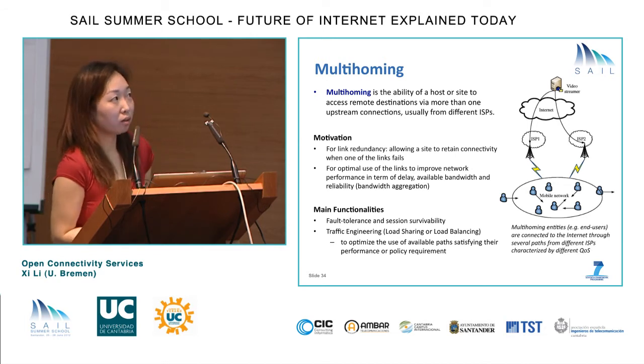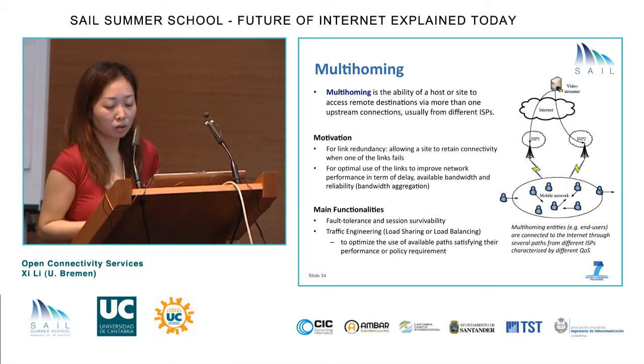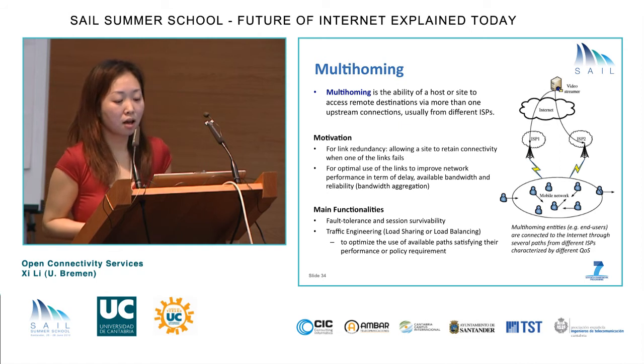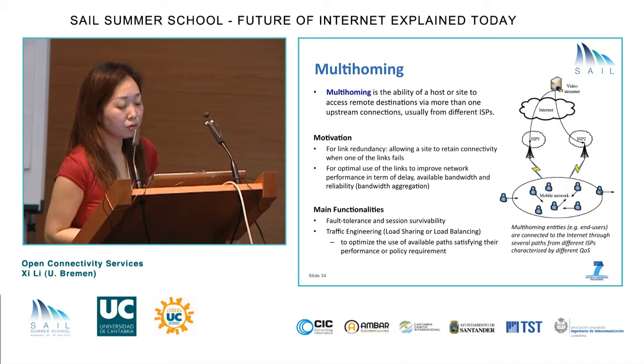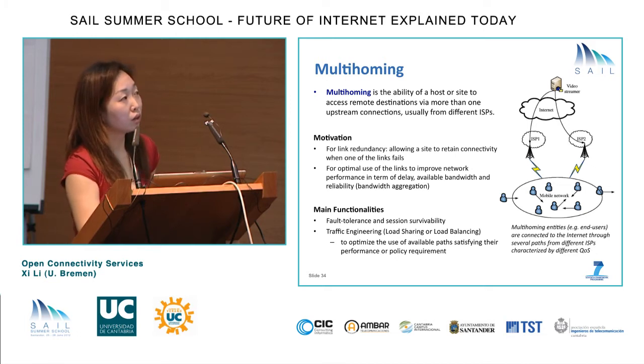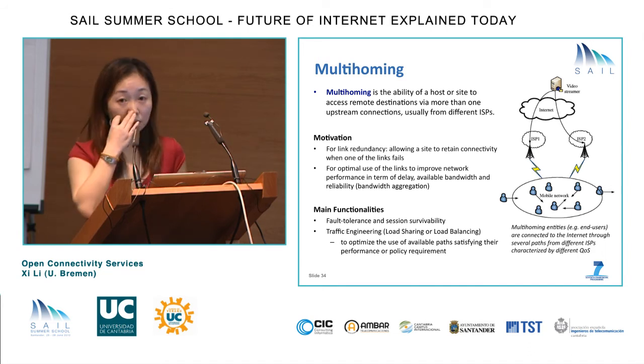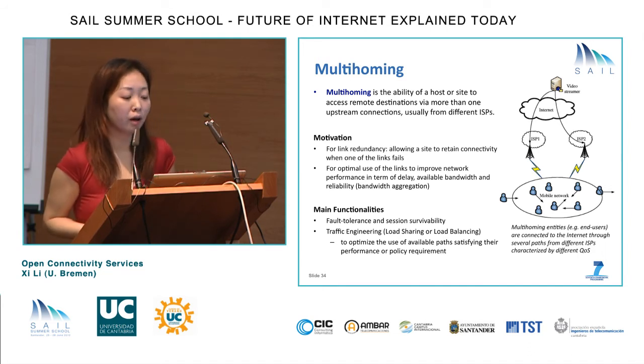Typically, these two different networks or paths will have different quality of service. So the multi-homing solution actually allows the user to utilize these two links in parallel. And that's the intention of multi-homing.